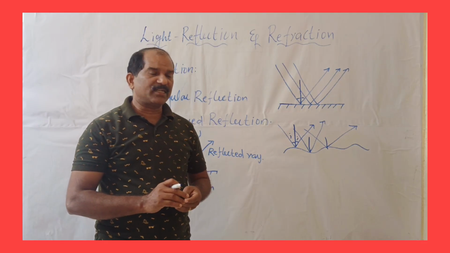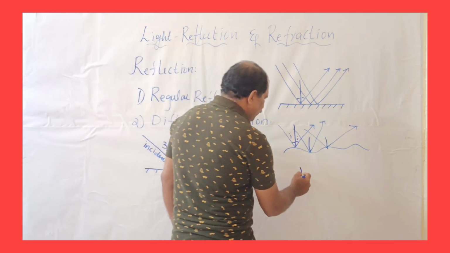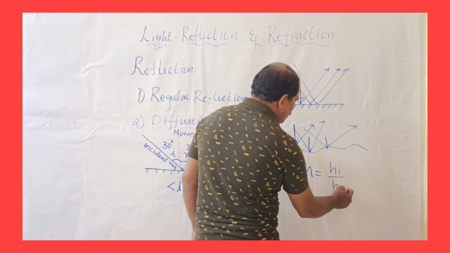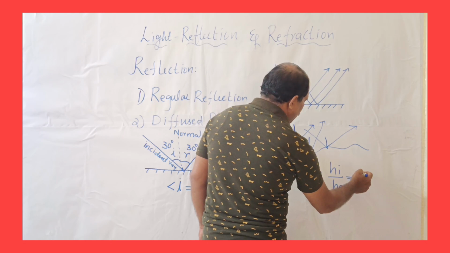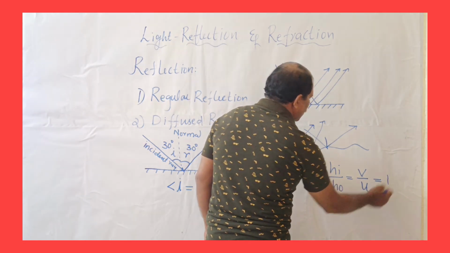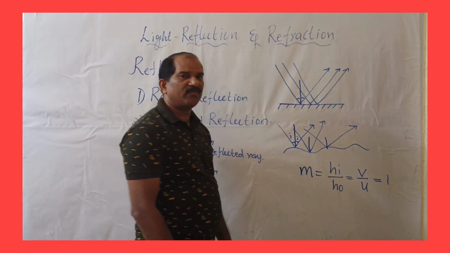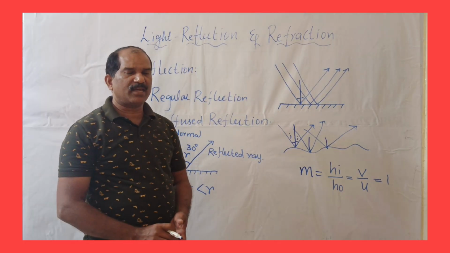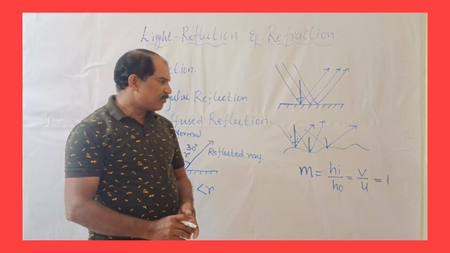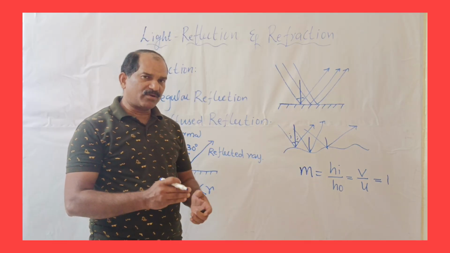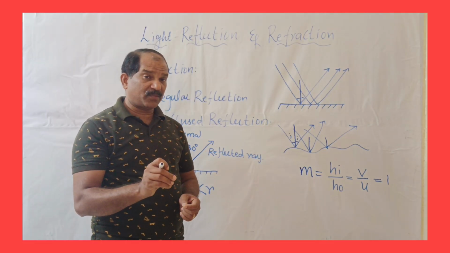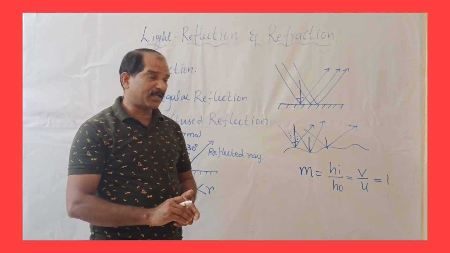The magnification formula is hi by ho, which is nothing but v by u, equal to 1. The magnification of a plane mirror is always 1, because the object size is equal to the image size, and this is one of the properties of the images of a plane mirror.